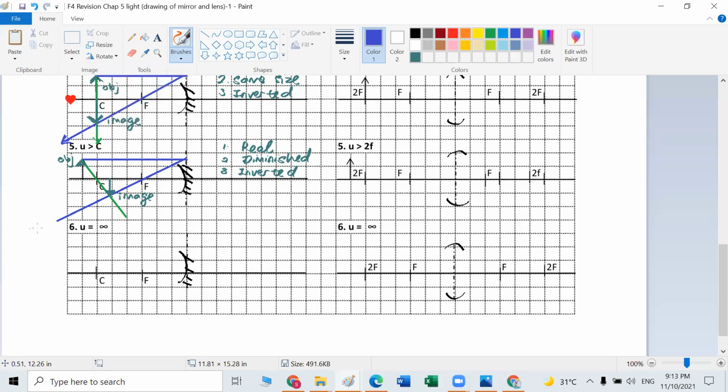Okay, only the number 6, the object from infinity, we use FKC. Means the light comes from infinity, 2 light rays.